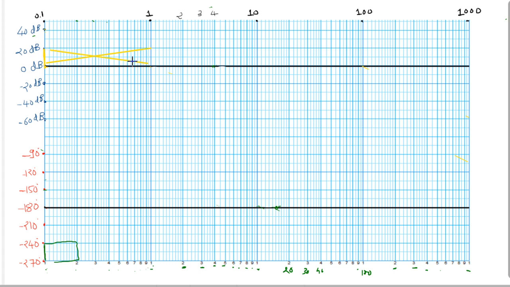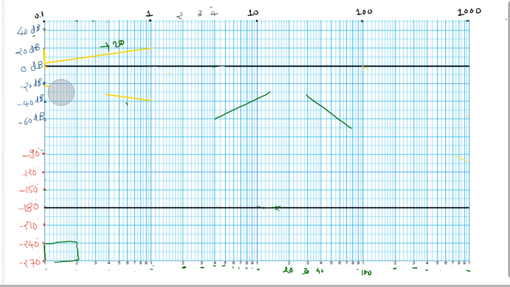That is 20 decibel per decade. But if I draw this type of slope, that is minus 20 decibel per decade. You know that this one is plus 20 and that one is minus 20. Here, from 0.1 to 1, going 0 to 20 decibel is plus 20, and here it is minus 20.